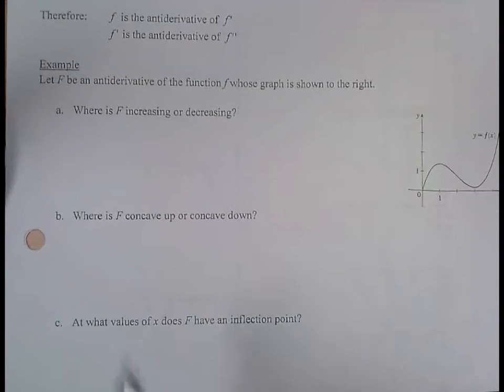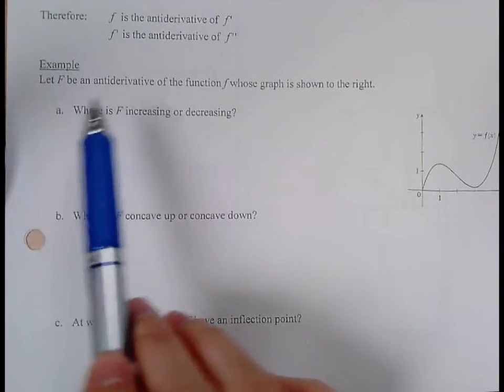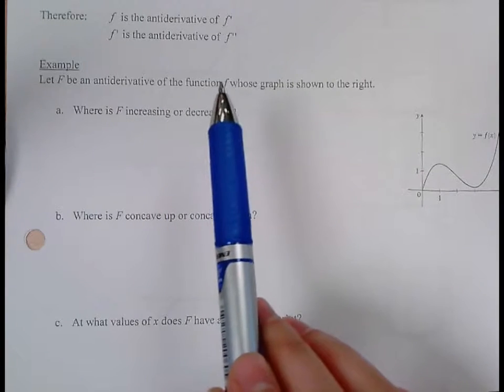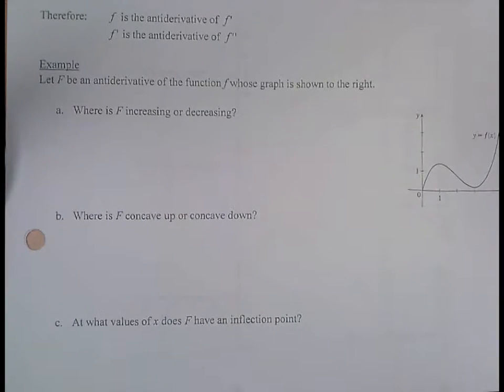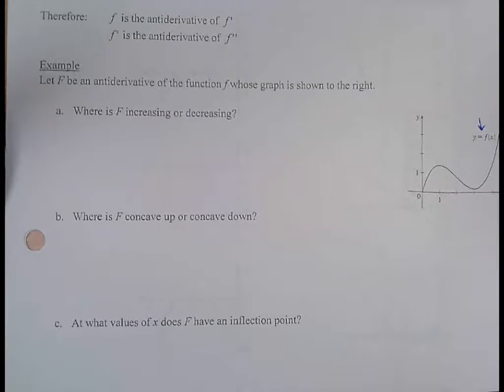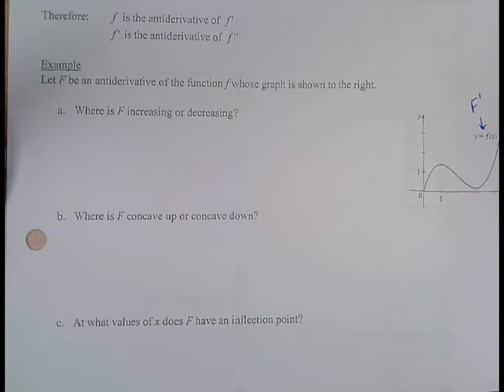So here we're given capital F. It's an antiderivative of the function lowercase f, whose graph is shown to the right. So this is the graph of f, meaning this is as if you are looking at the graph of the derivative. So this is the graph of capital F prime.